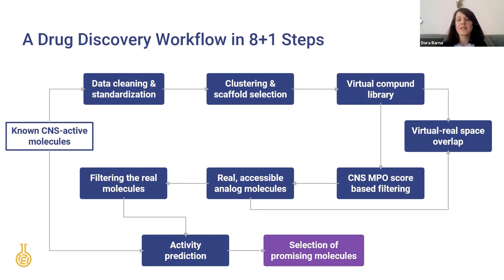And the +1 step is an overlap analysis to check how large is the overlap of our virtual enumerated property space and the space of the real molecules that we have found in the Enamine database that we are using to find these accessible analog compounds.